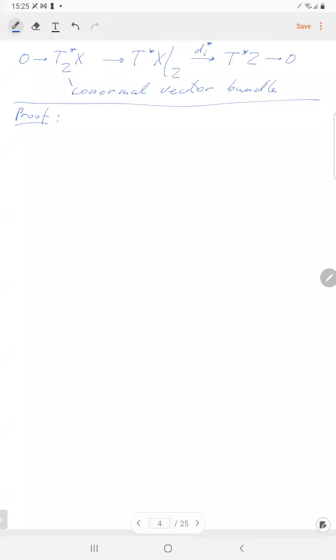Namely, in the right hand side, this codifferential is surjective, since the restriction on functions from k of x to k of z is surjective. It's a closed embedding of affine varieties.